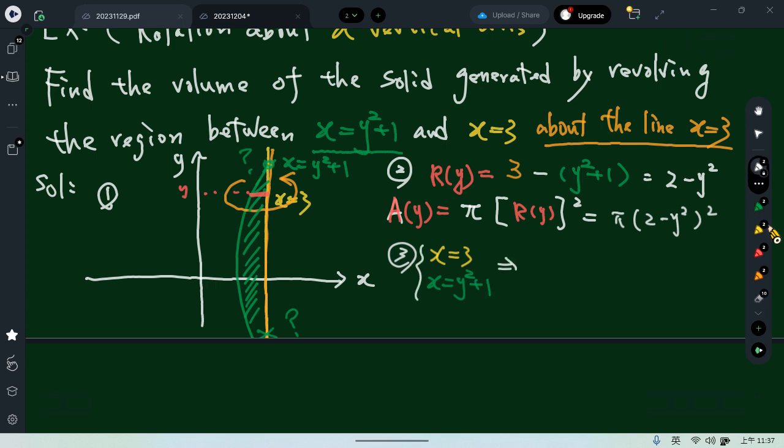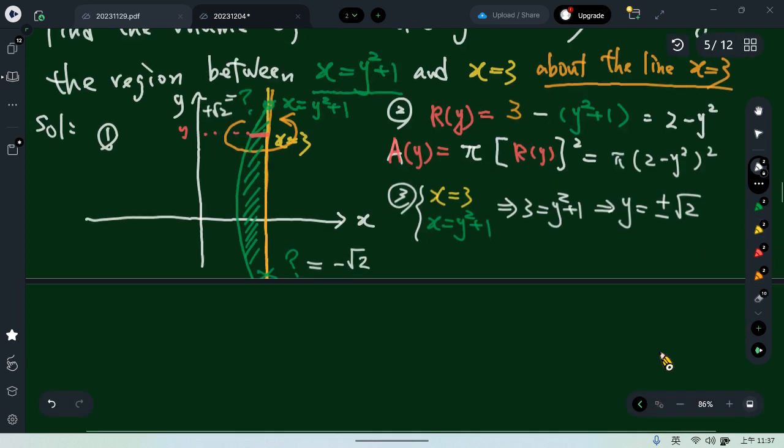Then we get 3 equals y squared plus 1, so y equals positive or negative square root of 2. So here is minus square root of 2, and here is positive square root of 2.